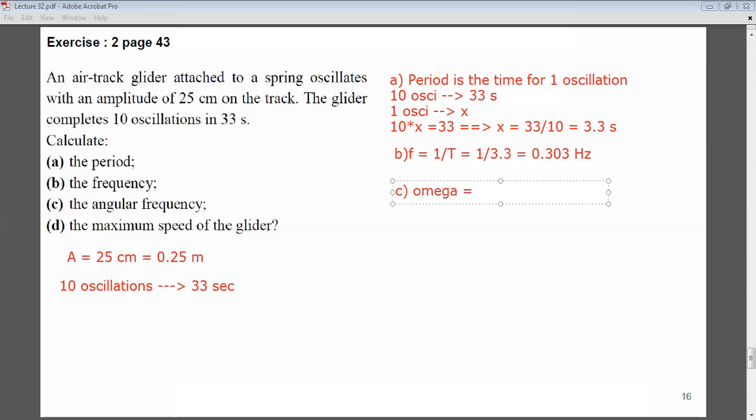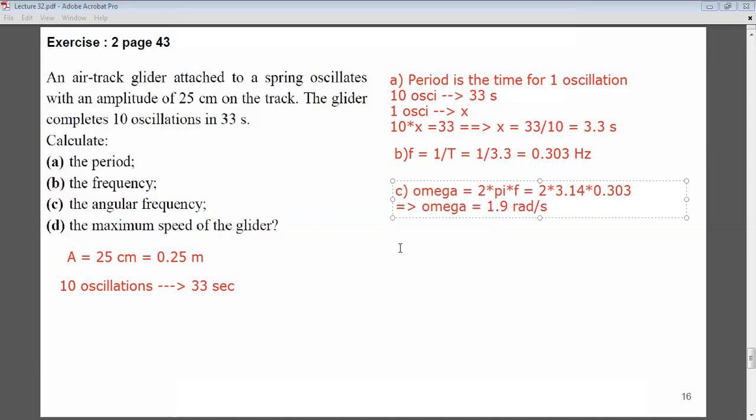This is equal to 2 pi f, which is 2 times 3.14 times 0.303, which implies omega equals 1.9 radians per second.